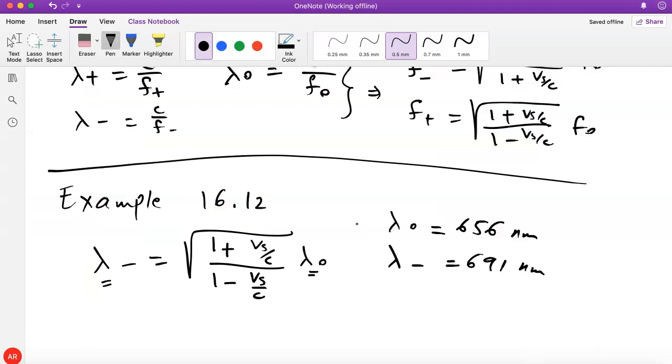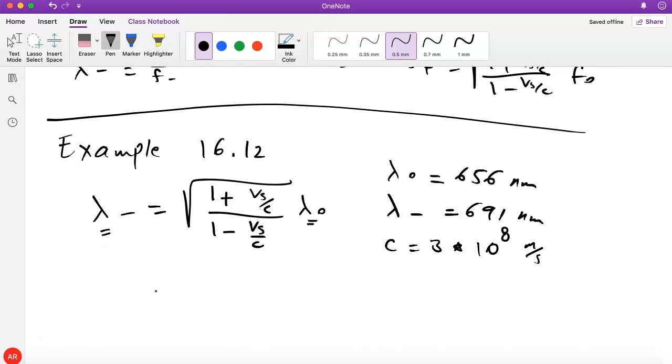Okay, so we know those. We know the speed of light, which is 3 times 10 to the 8th meters per second. So we're good, right? We just need to solve for Vs. Let's see how we can do that.